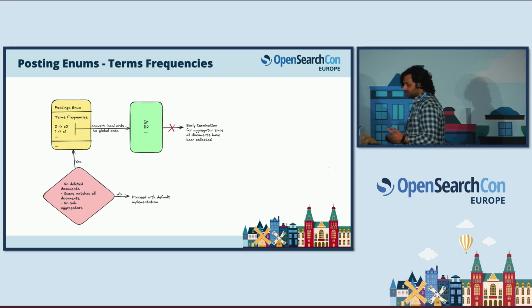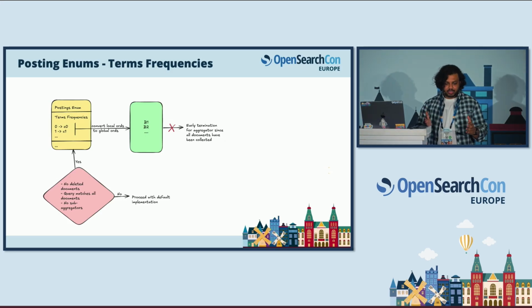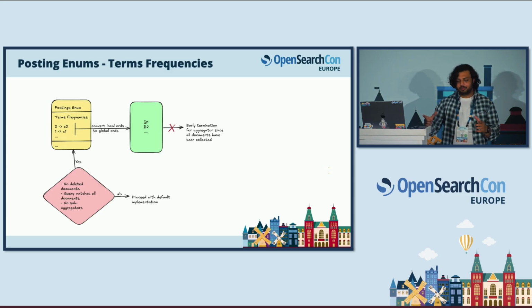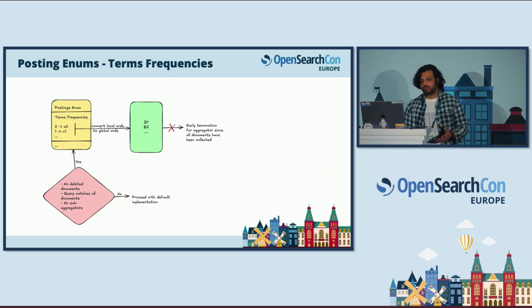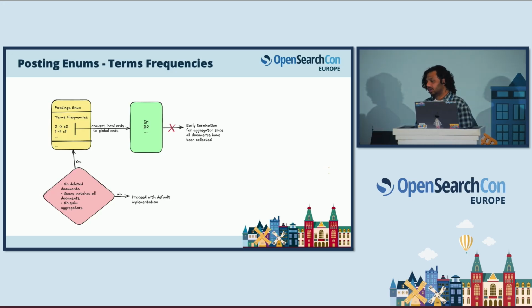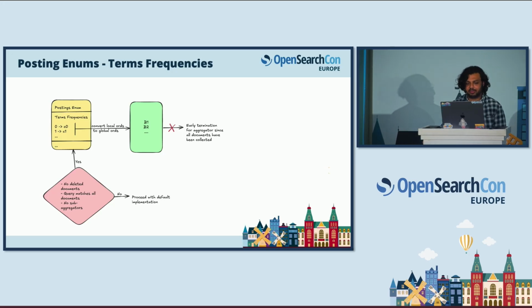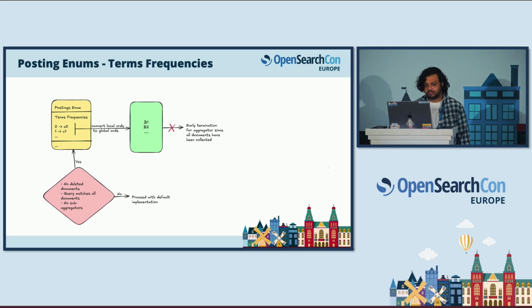When you run a query, the resultant bit set takes care of the deleted documents, but the point trees and posting enums do not. So these are some limitations we have when running these optimizations.